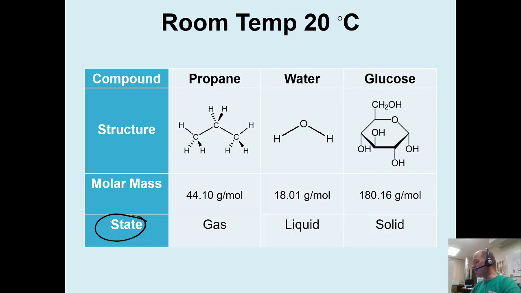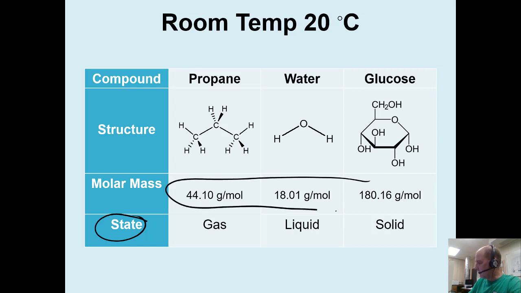Here's an example of three molecules that have various molecular weights. The molecular weight listed in this row has a little bit to do with the intermolecular forces, but it's related to the weakest intermolecular force, referred to as the London dispersion force.